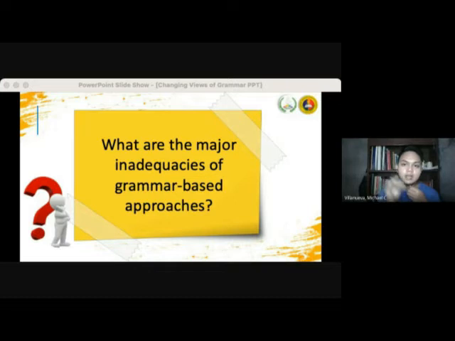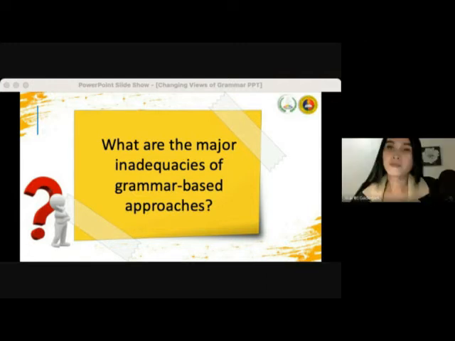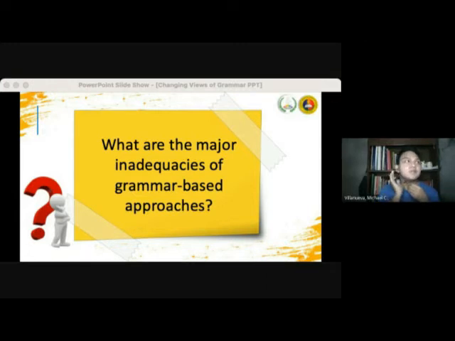In the production stage, the teacher could no longer see and assess whether the use and usage of the particular linguistic item taught is used correctly by the student. So overall, the downside of these grammar-based approaches is that they are highly mechanical and they do not promote freedom or liberty for students to make use of the language based on how they have learned and what they have learned about it.